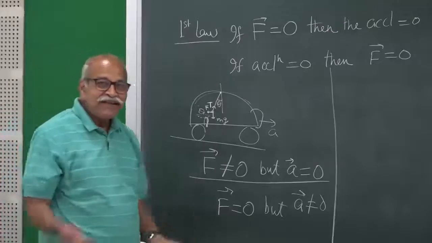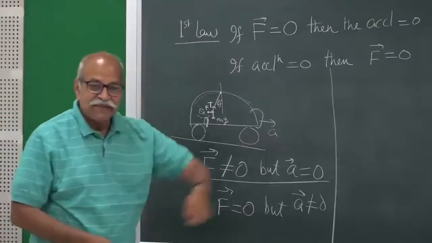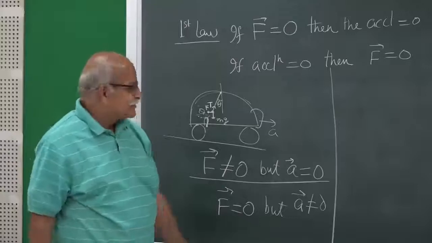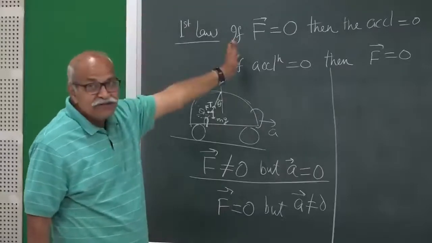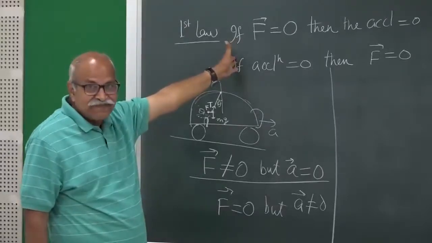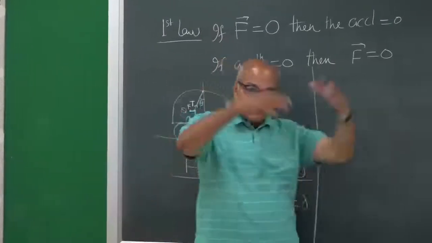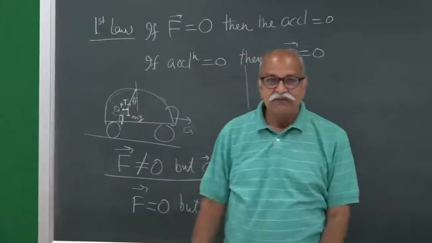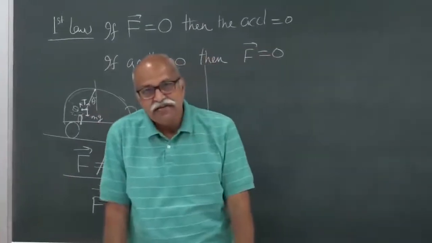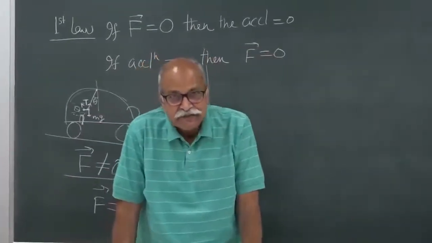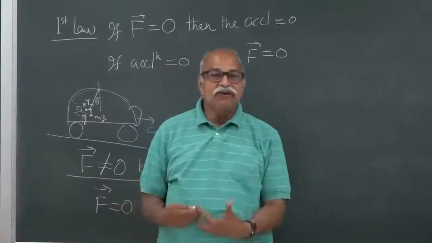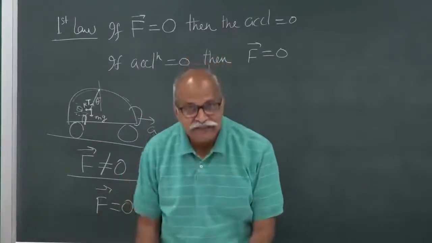Or if I am in some kind of a rotating frame, I am on some disk, and there on the disk I have put my x, y, z axes, then also this does not hold. So, Newton's first law is not a universal law as such, because we are always free to choose our frames of reference. Whatever is suitable for me, I will use that frame of reference.